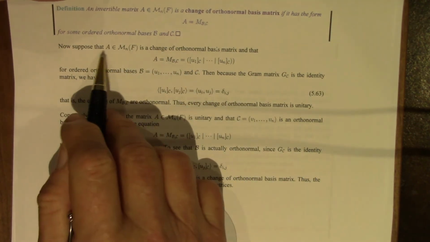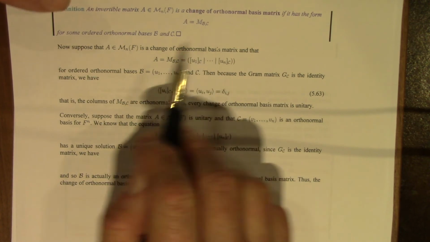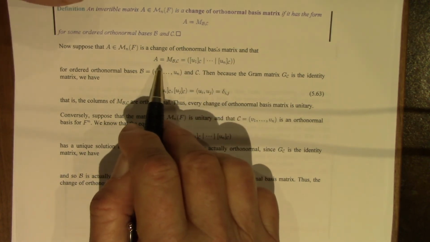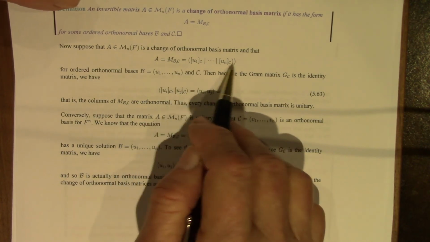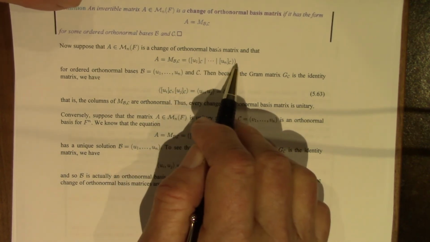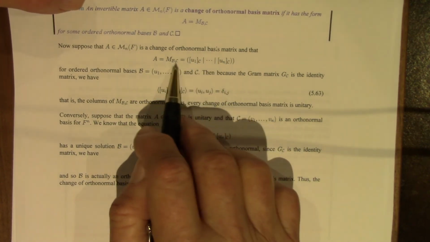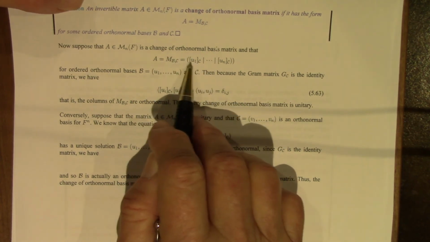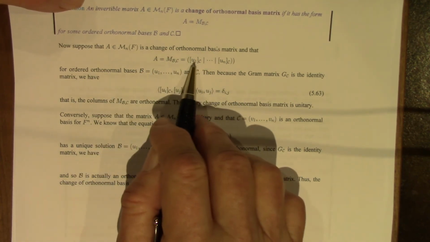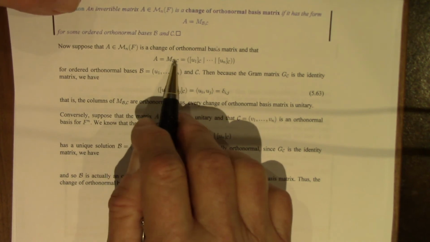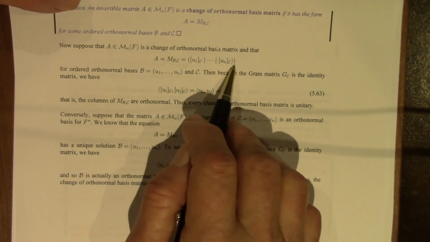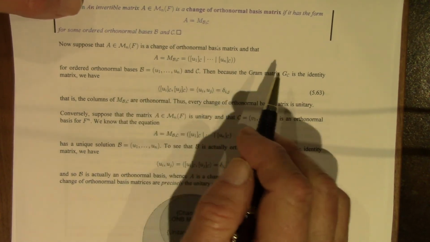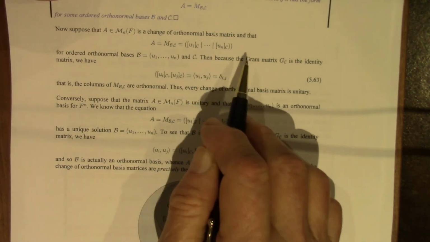Well, if A is such a matrix, we write out the definition of MBC, the column definition. So B and C are orthonormal bases. The old basis u1 through un is here. We're taking the new coordinates. This is an old story we've seen many times.